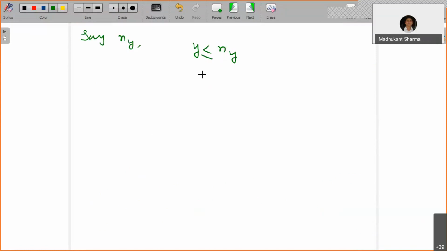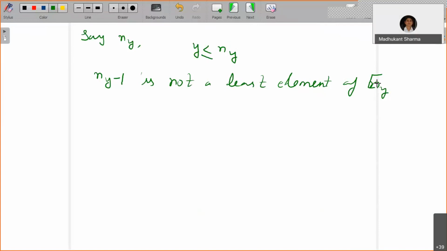Now, if n_y is the least element, what can you tell about n_y minus 1? n_y is a natural number satisfying y less than or equal to n_y, so n_y minus 1 is not a least element of E_y.